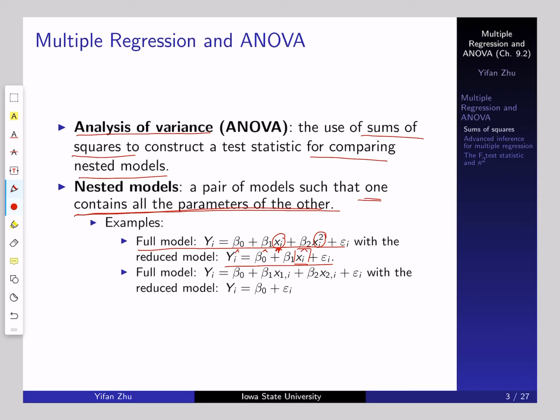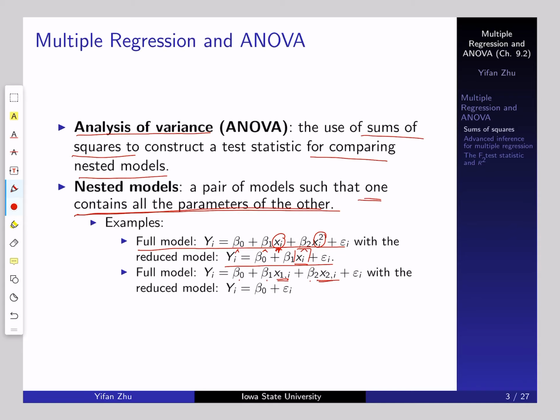Okay, and the next one. This is also a multiple regression model. We have two predictors, x1 and x2. And there are three parameters, beta naught, beta 1, and beta 2.